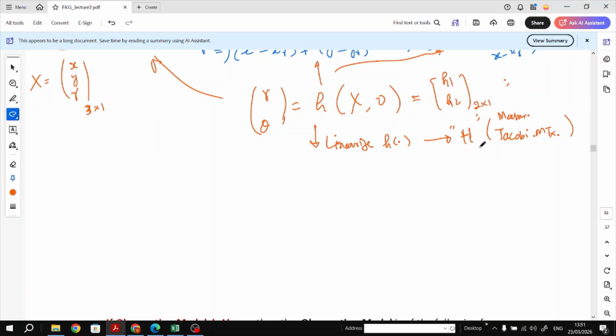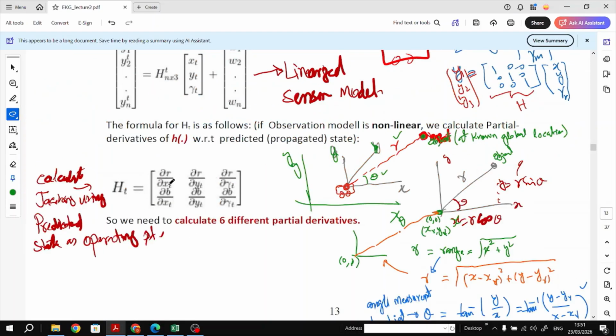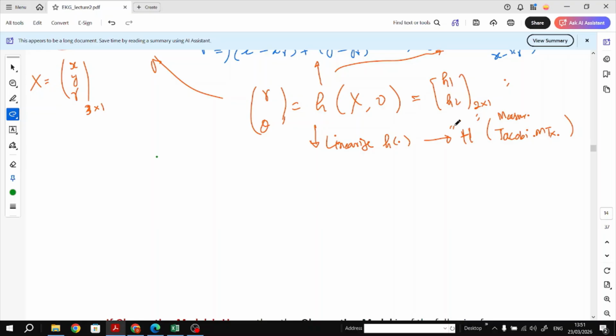So the Jacobian matrix will be what? Can you guess? 3 rows, 2 columns. This will be the size of your Jacobian matrix if you have two functions.